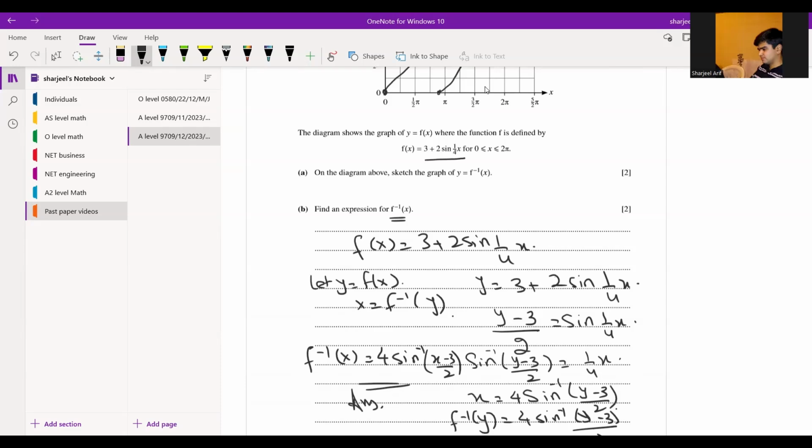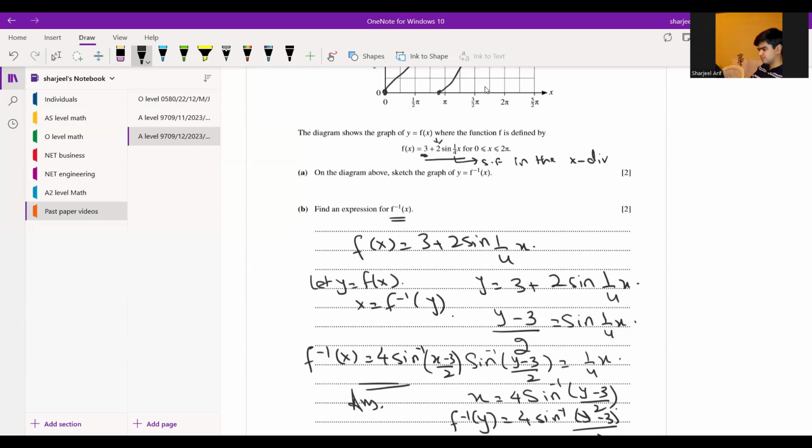Here we have a translation in the y-axis, so 0, 3 are the coordinates. We have a stretch factor of 2. This represents the translation value. This represents the stretch factor in the y direction. And this represents the stretch factor in the x direction.